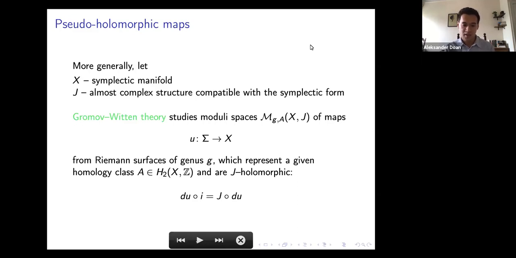So if you first apply i, which is the complex structure on the Riemann surface, and then apply the derivative, it is the same as first applying the derivative and then applying J. So we form the moduli space of such maps.